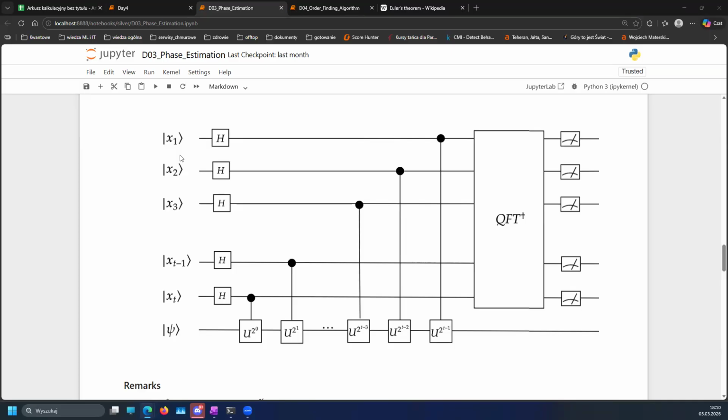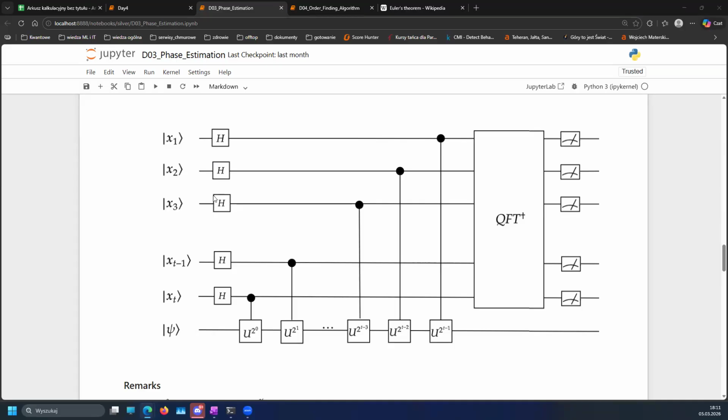So this is also a nice task: if you have some eigenvalue that you know the value of, try to guess what will be the range of our estimate, depending on the size of this register.